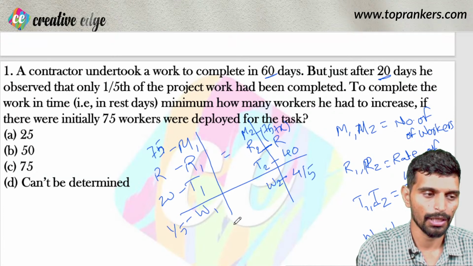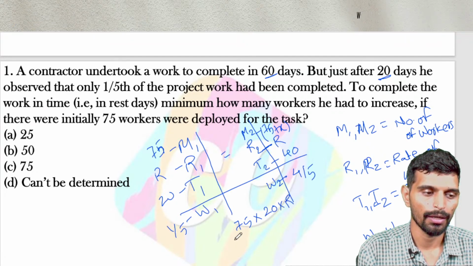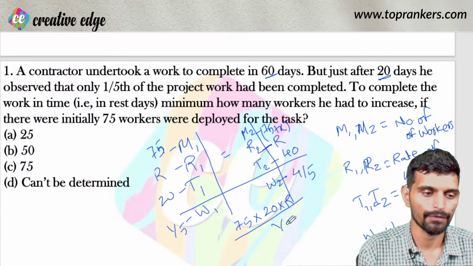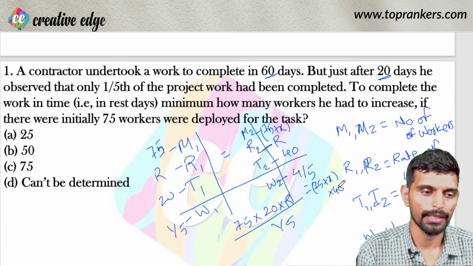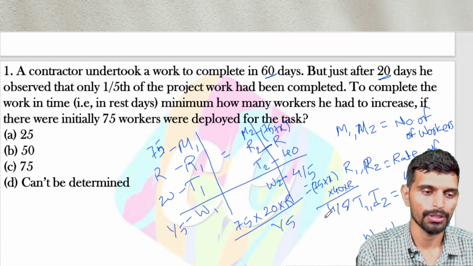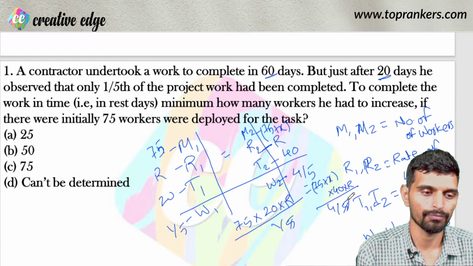So now let's take the ratio. 75 into 20 into R divided by 1/5 is equal to 75 plus x into 40 into R divided by 4/5. So this 5 from the denominator of both sides gets cancelled, this R from the numerator of both sides gets cancelled, this 20 cancels this 40 twice.